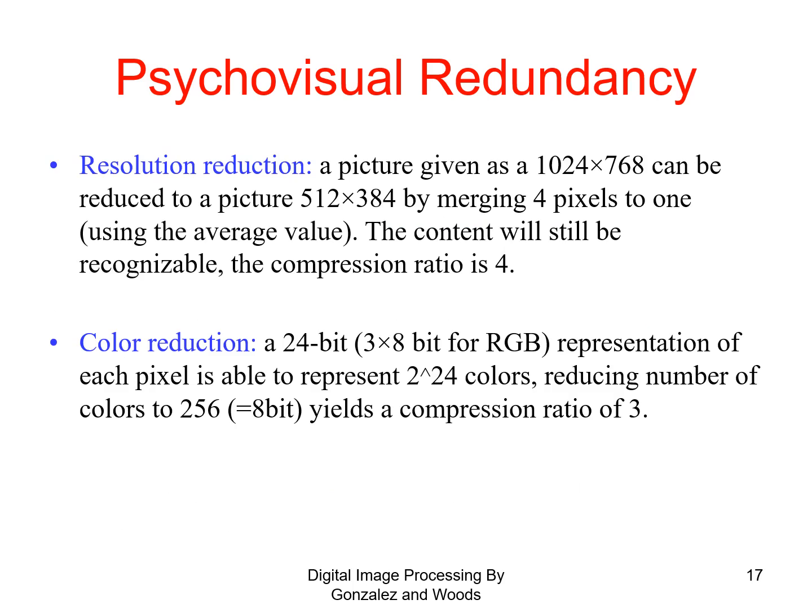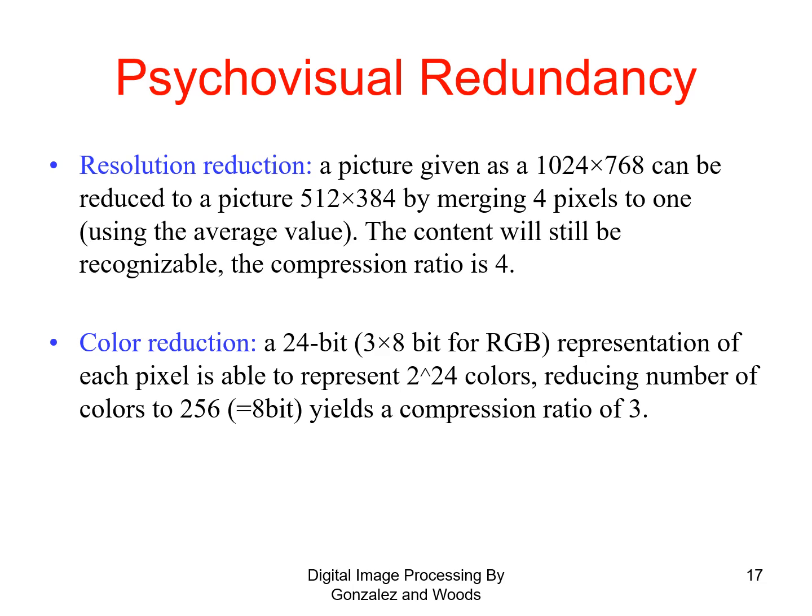For resolution reduction, suppose a picture is given as 1024 by 768 and can be reduced to a picture of 512 by 384, by merging 4 pixels into 1, applying averaging. The content will still be recognizable and the compression ratio is 4.